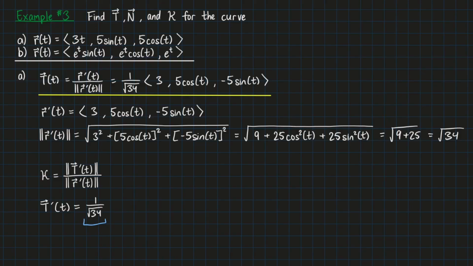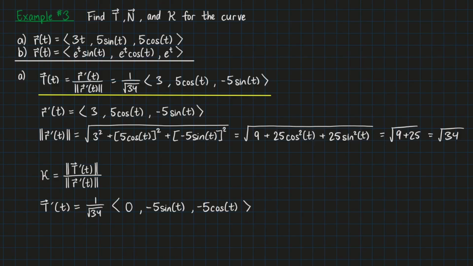If you're taking the derivative of a constant times a function, you can take the derivative of the function and then multiply the constant back in afterwards. That's the constant multiple rule. So taking the derivative of each component of T, the derivative of 3 is 0, the derivative of 5 cos t is -5 sin t, and the derivative of -5 sin t is -5 cos t.